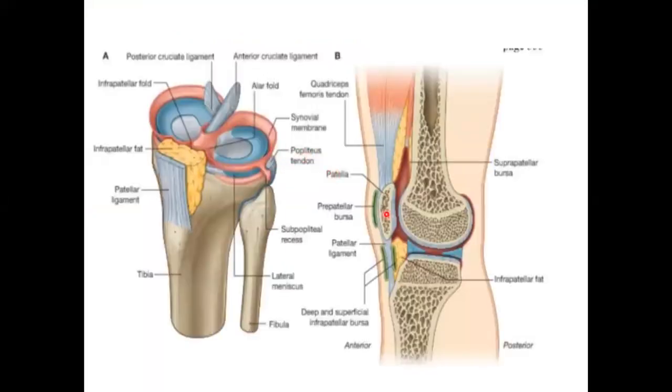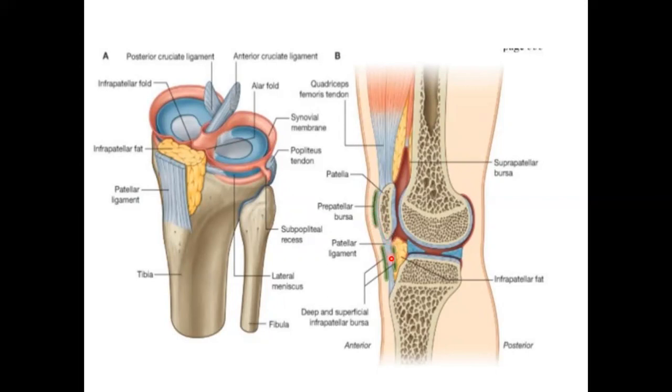In this diagram, you can see this is the sagittal section of the knee joint. This is the femur bone, this is the tibial bone, this is the patella. The first bursa, which is in front of the patella, is called the prepatellar bursa, the one given in green color in this diagram, right?